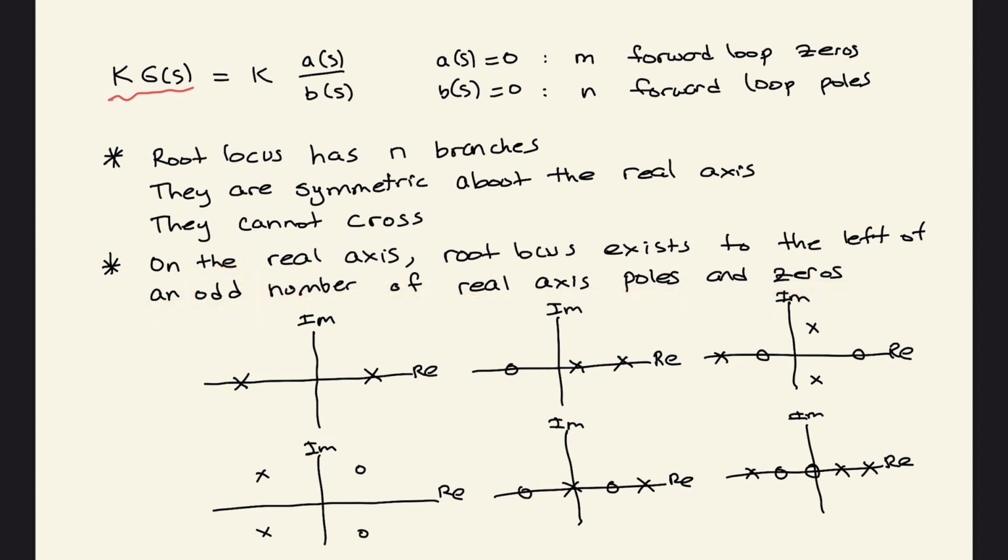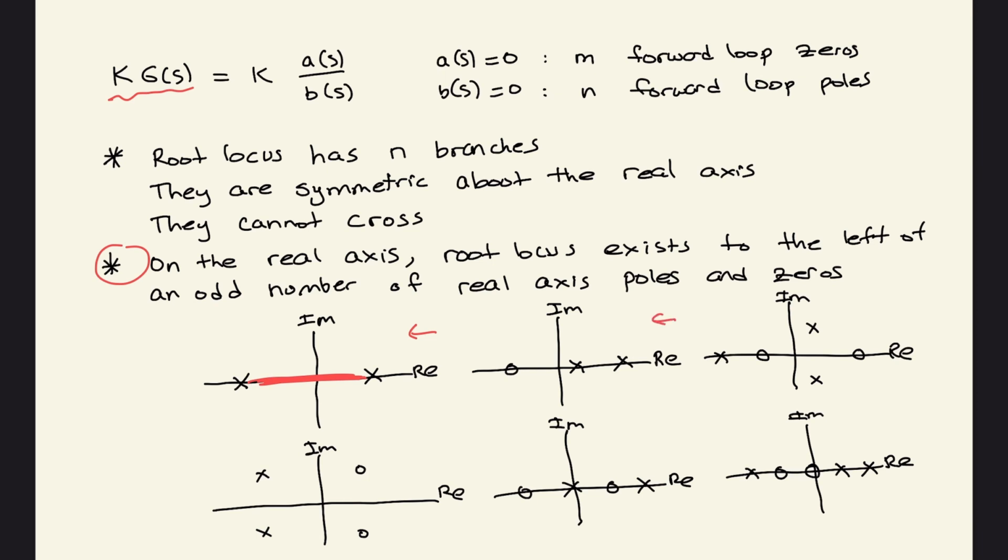Let's consider these 6 examples. What this rule means, starting always from this side, root locus exists between here, two real axis poles in this case. Let's move into the second example.